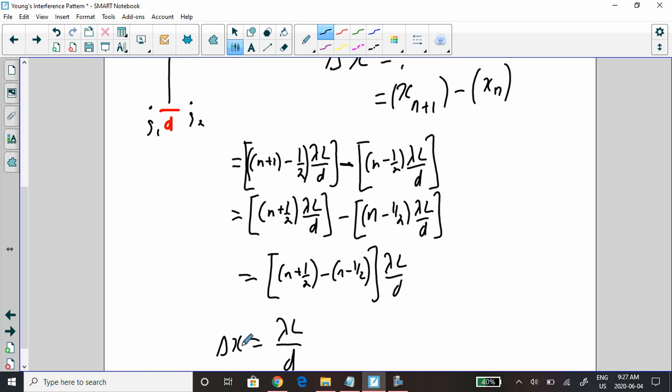That delta x, remember what delta x is? It's the position of the nth plus 1 minima minus the position of the nth minima, right? It's always constant. That's why we get that nice pattern you saw in the video that's equally distanced all the way through. And we have an equation for it right there.